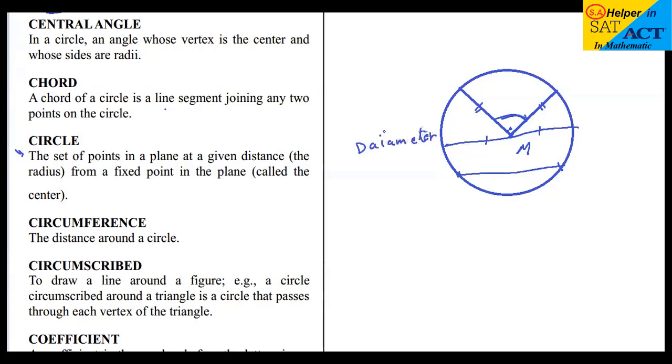Two radii connecting means diameter. Okay, diameter means the biggest, the greatest, the longest chord in a circle, which passes through the center. Diameter is the longest chord passing through the circle.